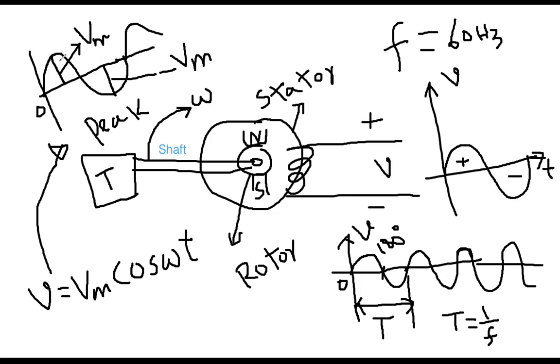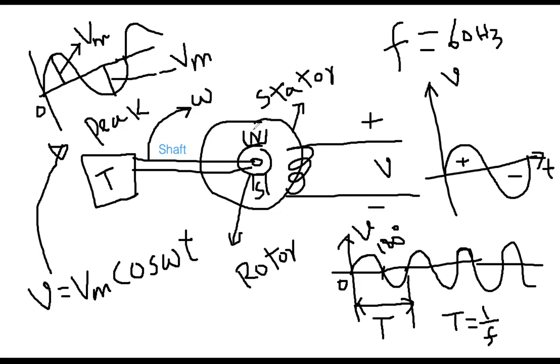The reason it is going high and low is because of the magnetic effect. As I told you, with the help of the shaft, this magnet is rotating, but this coil is fixed. So therefore, when this north pole is coming very close to this coil, then it is getting the peak. For example, currently voltage is increasing, increasing, increasing from zero position.